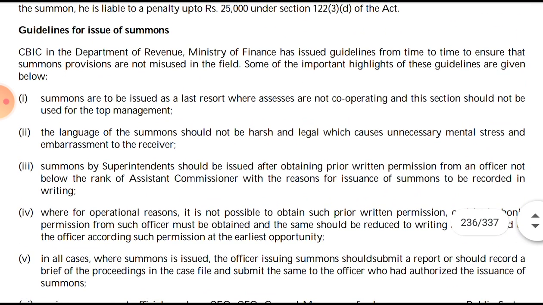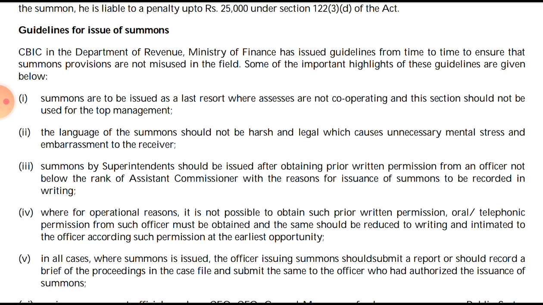So we'll quickly read these five points again, the guidelines for the issue of summons. First, summons should be the last resort, where the assessee is not cooperating. Then the language should not be harsh and legal, causing unnecessary mental stress and embarrassment.